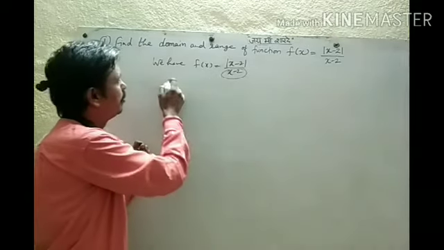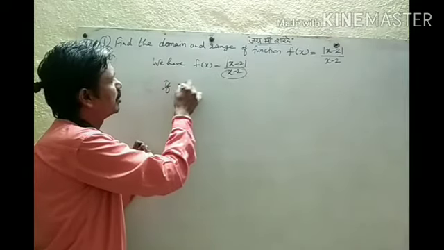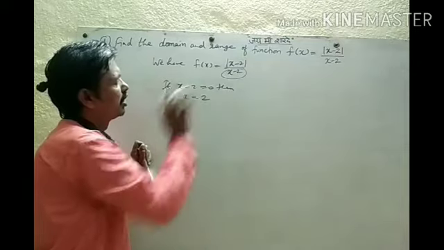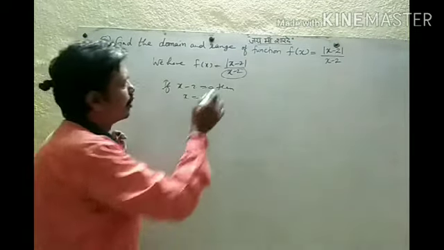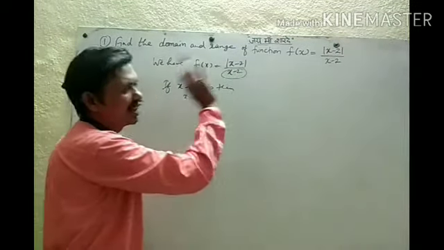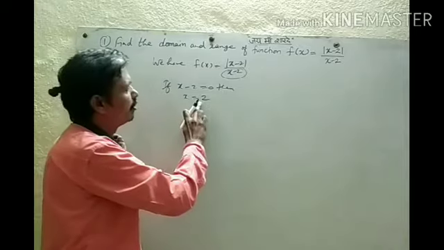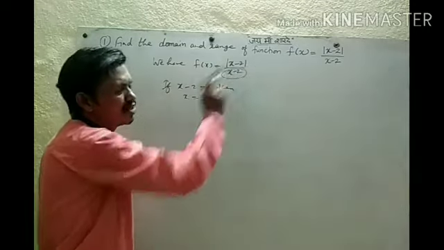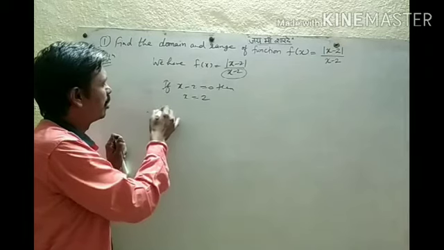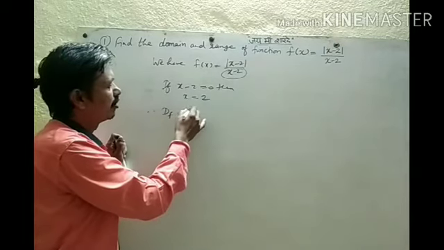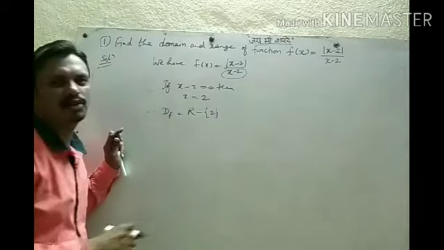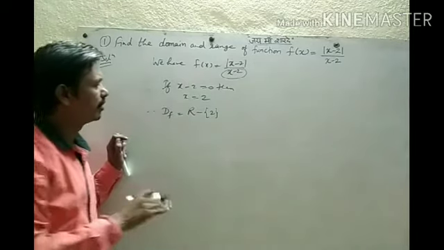So if x minus 2 is 0, then x will be 2. It means we can take all the real values of x, but we cannot take 2. If we take 2, the function will not be defined because the denominator becomes 0. So clearly your domain will be the set of real numbers except 2. We cannot take 2.